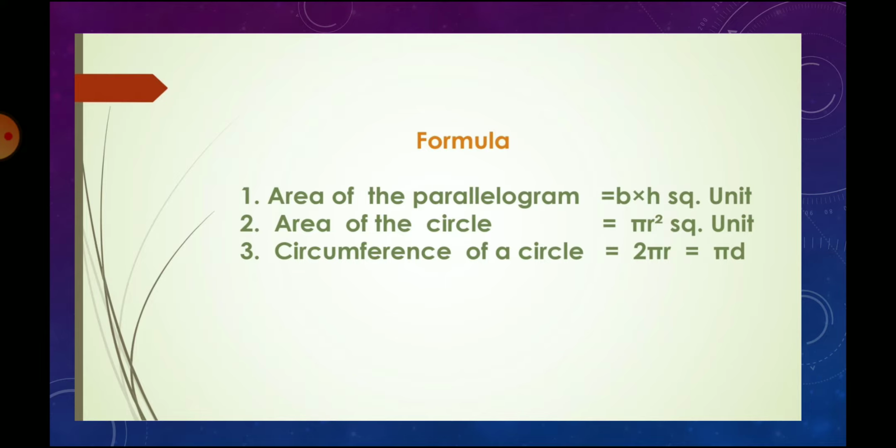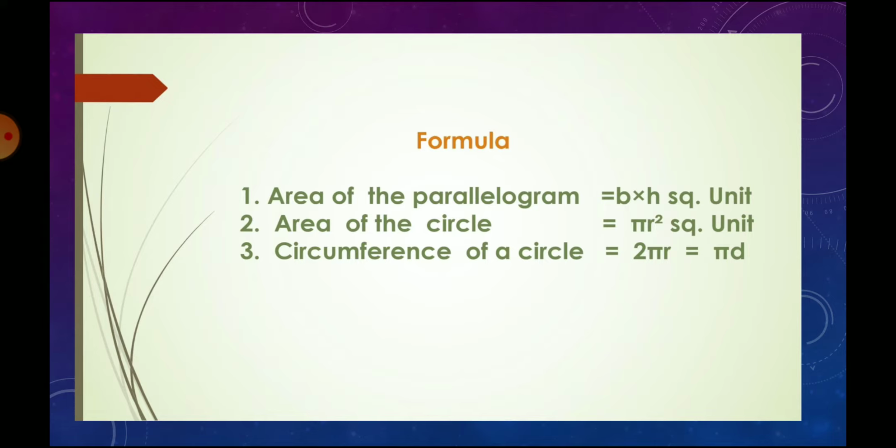And one more thing, the area is expressed in square units. When we find the area, we should write the answer with the square unit term. But when we find the perimeter, we won't put square unit.